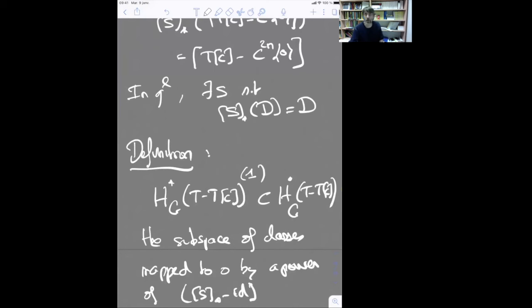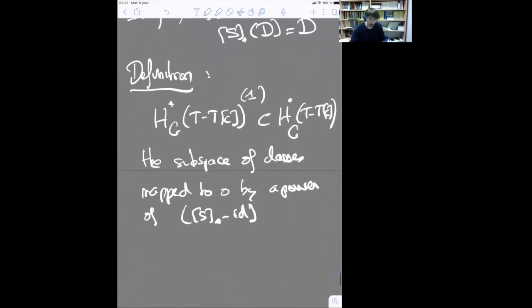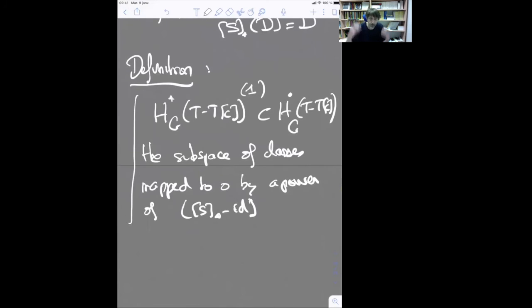So you can think of it as being preserved by the push forward map. So the class D belongs to HG. So after the term isomorphism, it belongs to this.